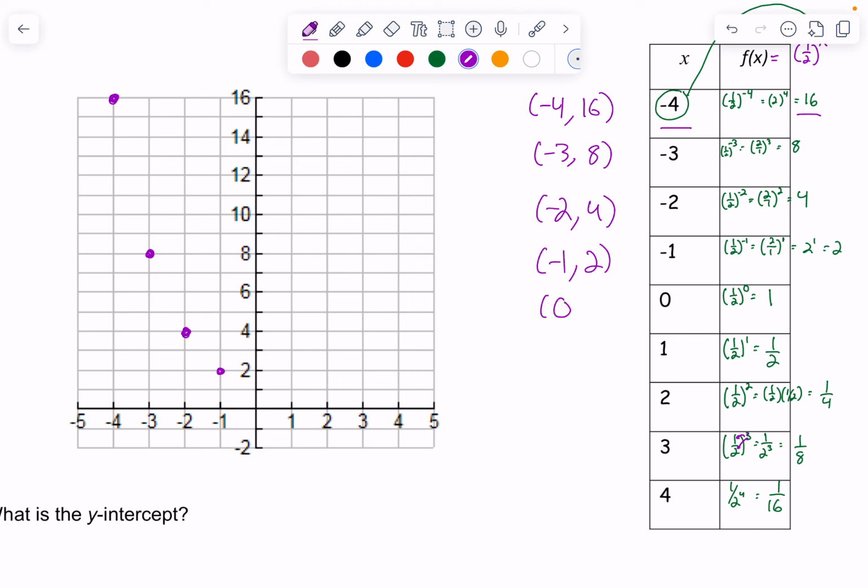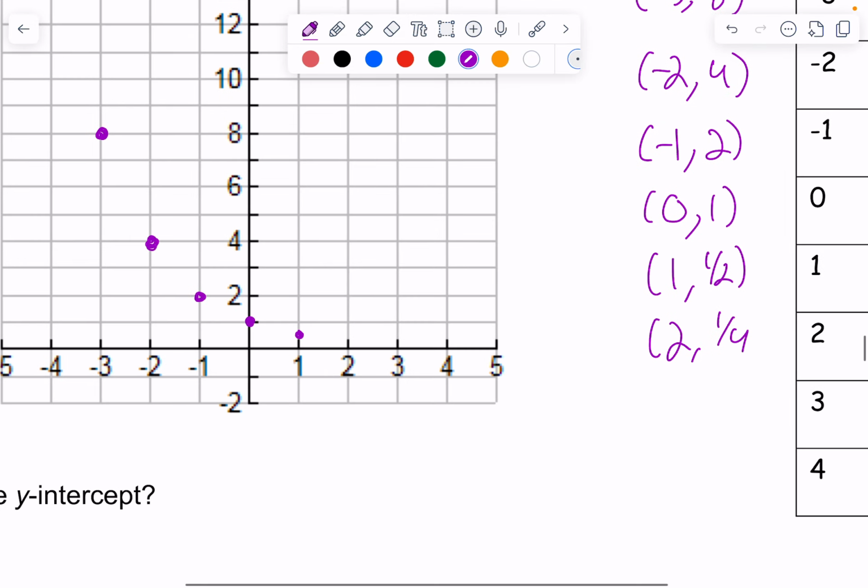Here you're plotting 0 and 1. Here we're plotting 1 and 1/2, so we're about halfway there. Here it's 2 and 1/4, so we're getting small again, very small, like there maybe.